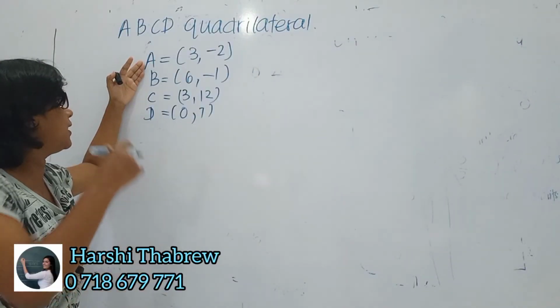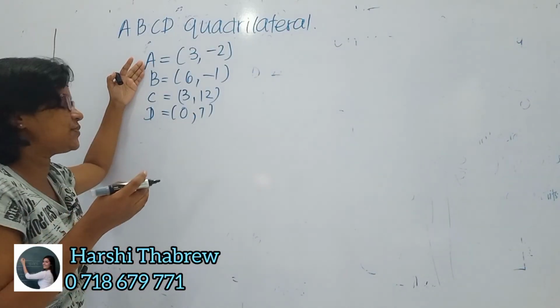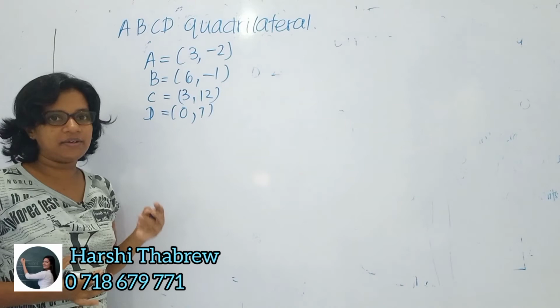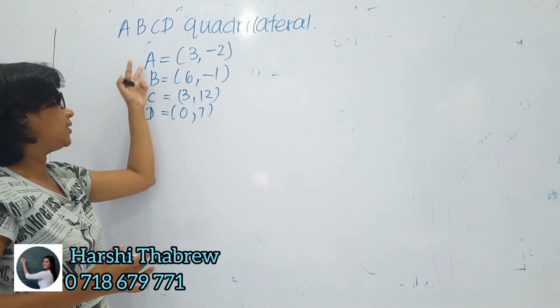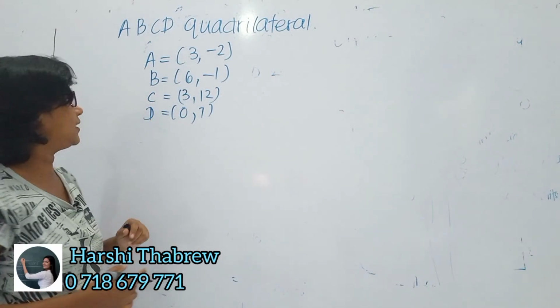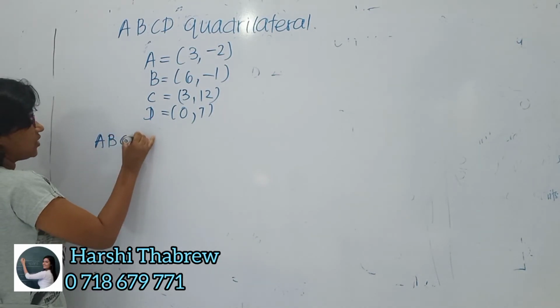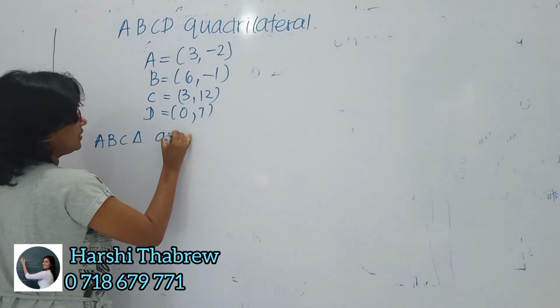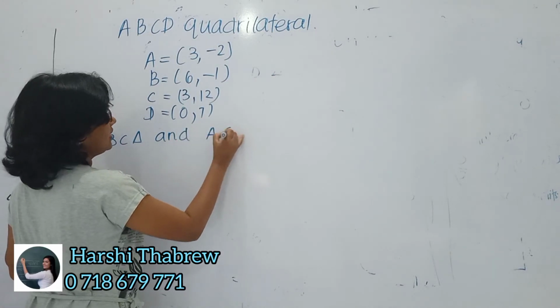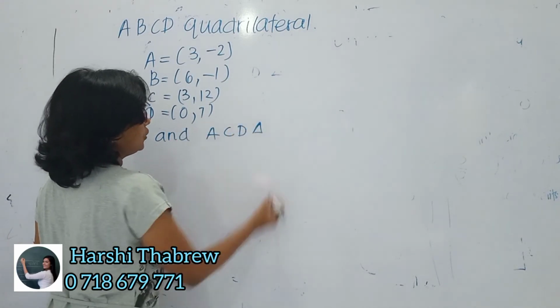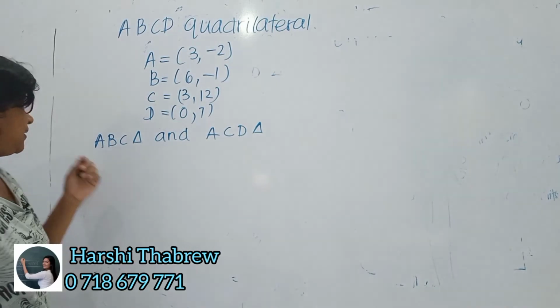Two triangles which have equal area along the diagonal AC. So you should select ABC triangle and ACD triangle to find areas separately.